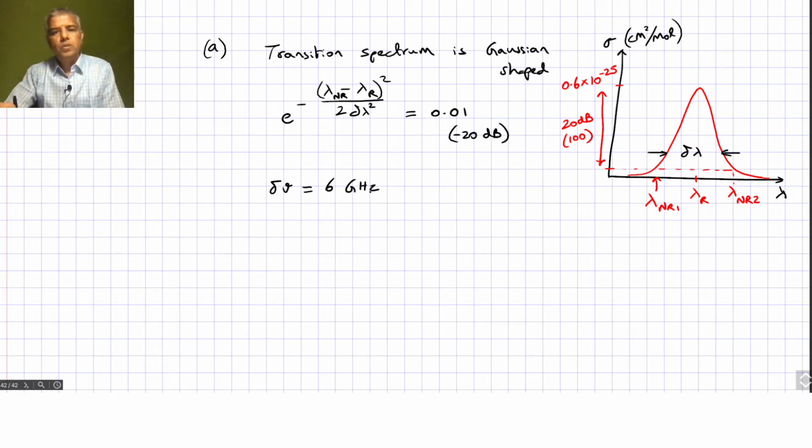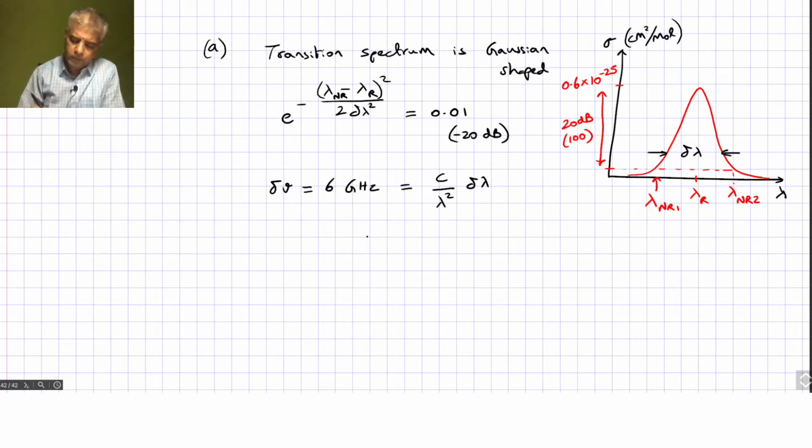Okay. So if you know delta nu is equal to 6 gigahertz, can you figure out what is delta lambda? Well, you can say that nu corresponds to C over lambda. So delta nu corresponds to minus C over lambda square delta lambda. We're not interested in the sign, only the magnitude, so we can just write it as C over lambda square delta lambda, which is given as 6 gigahertz.